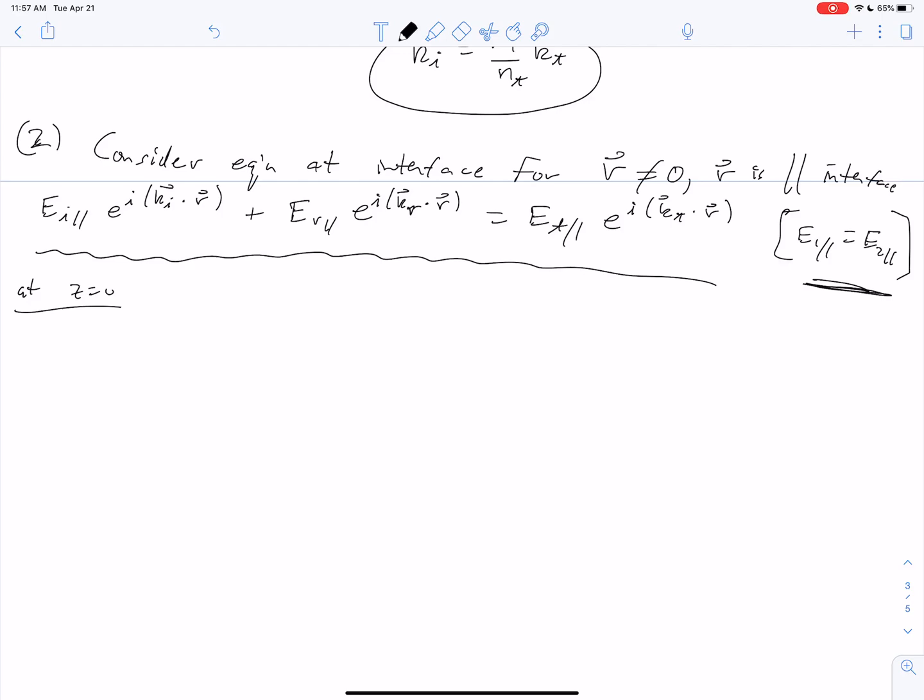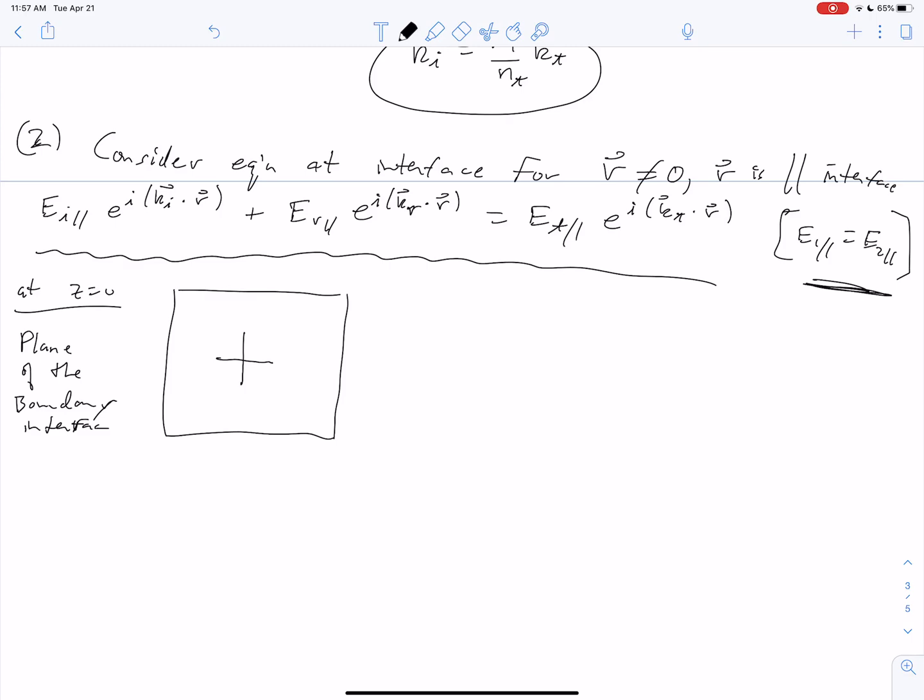The way to think about it is, if this is the interface, the plane of the boundary, let's put a coordinate system here like this.